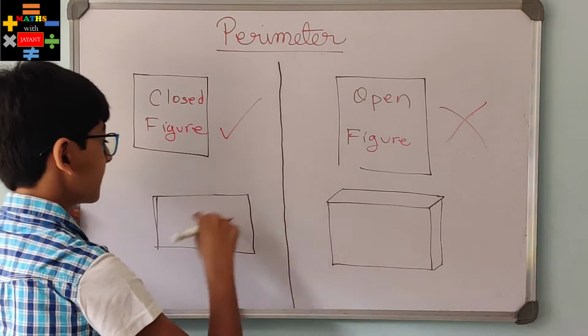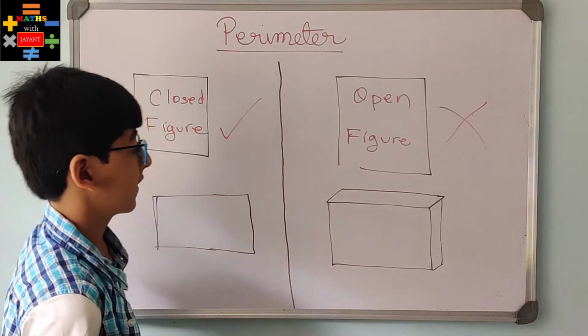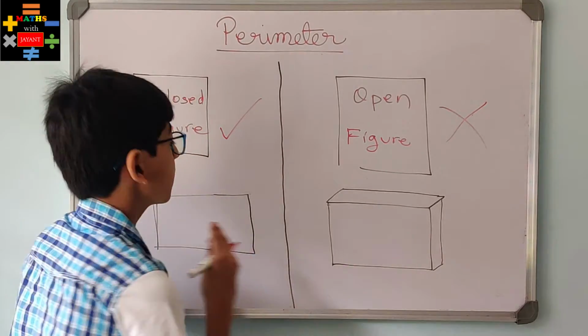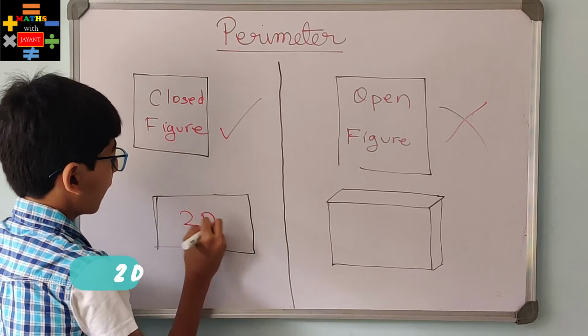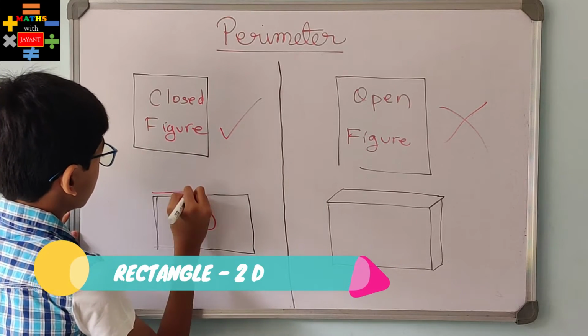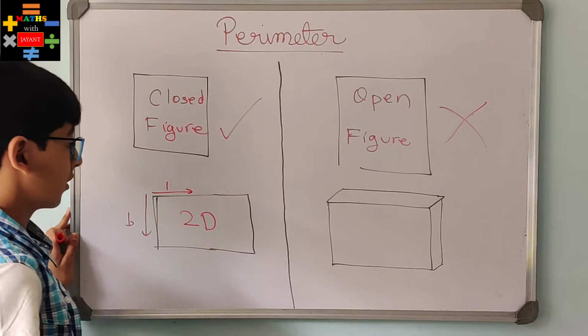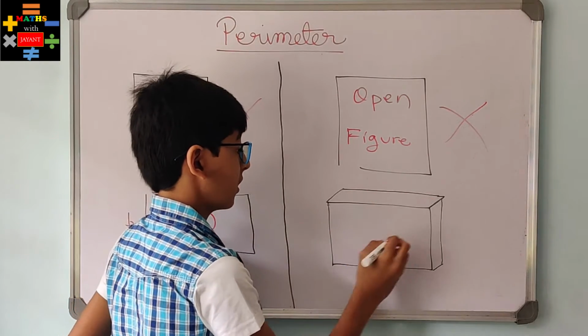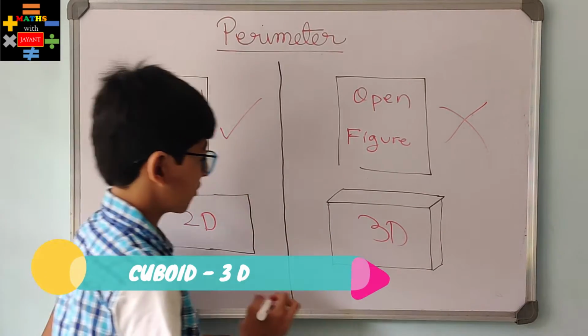Now let us have a look at these two shapes. This is a rectangle and this is a cuboid. Now what is the difference in these two? We see this is a two-dimensional shape because it has two dimensions, length and breadth. Whereas a cuboid is a three-dimensional shape which has three dimensions.